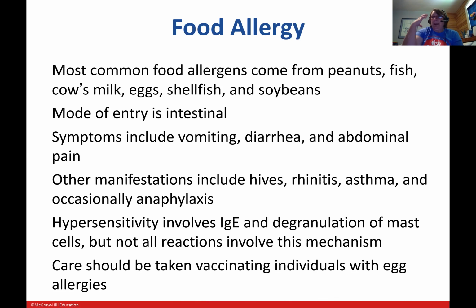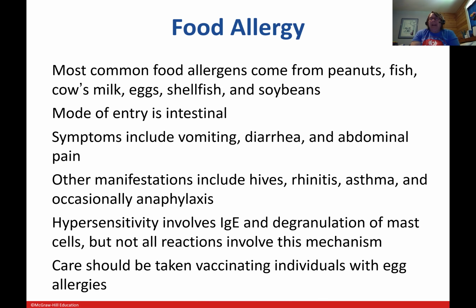You can have a mucus reaction, so you have rhinitis, asthma, and in some cases, particularly things like peanuts and shellfish, for people who are very sensitive, you can end up with an anaphylactic response. And in this case, the hypersensitivity involves IgE and a degranulation of the mast cells, but not all of them use that mechanism.